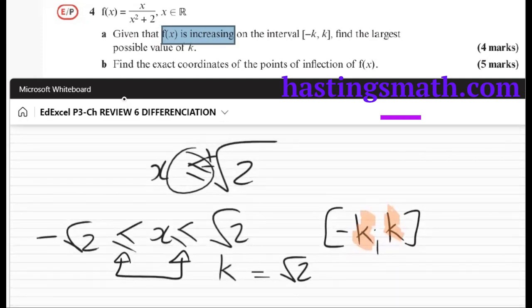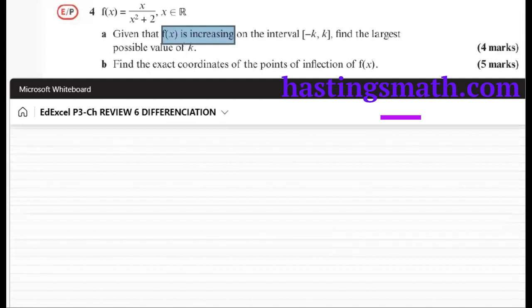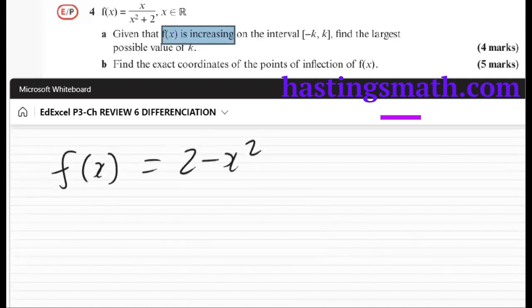Part B asks us to find the exact coordinates of the point of inflection. Okay, so we had f of x originally as 2 minus x squared over x squared plus 2 squared.